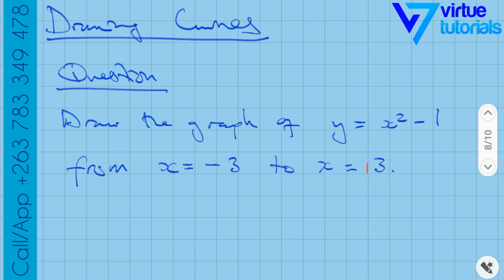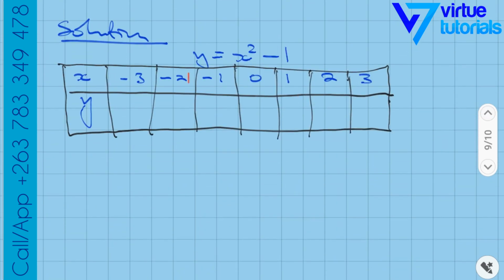Now, if you've drawn lines before, you remember that when you're drawing a line, you have to have a table of values. Then you complete the table of values for corresponding values of y and x, and then you can draw. So we do the same thing here, only that when we're drawing curves, our table has to have more points.